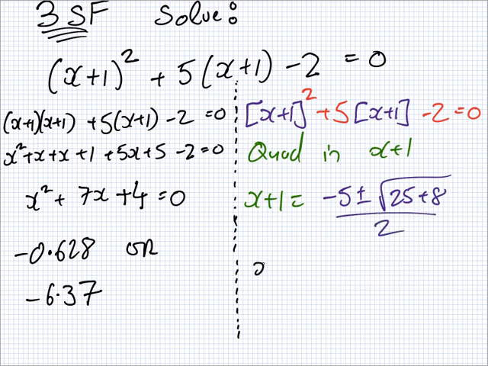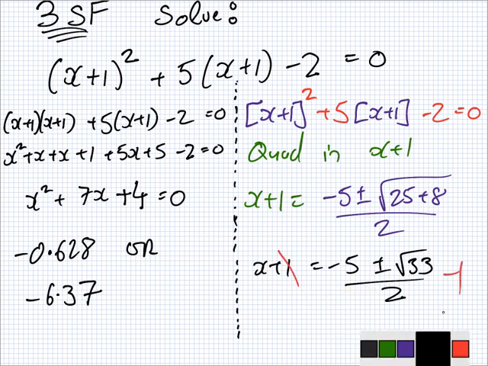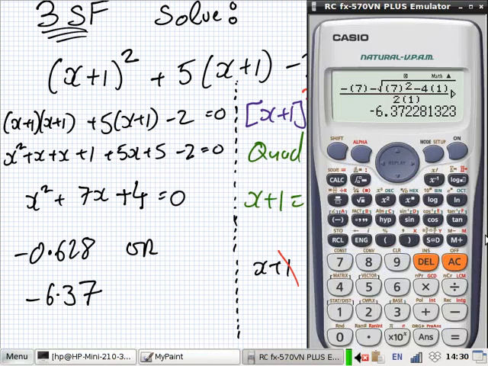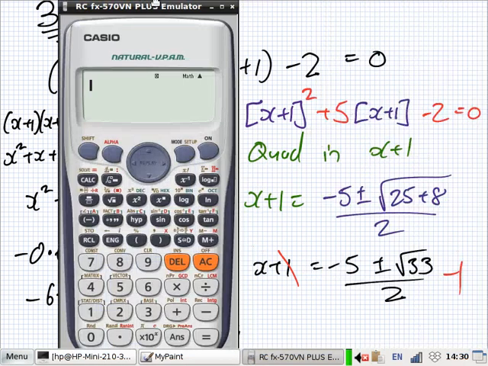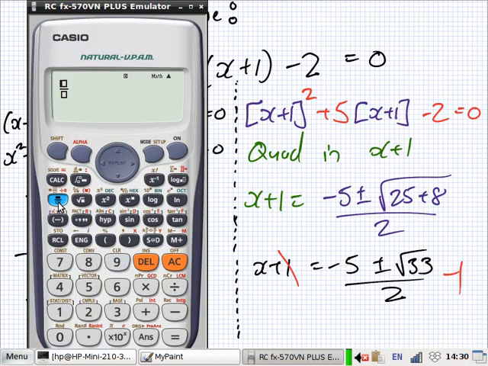So I get x plus 1 equals minus 5 plus or minus square root 33, over 2. So I scratch out the 1 and bring it to the right. And now I have two answers to look at. Minus 5 plus square root 33 over 2, yeah? Minus 1.